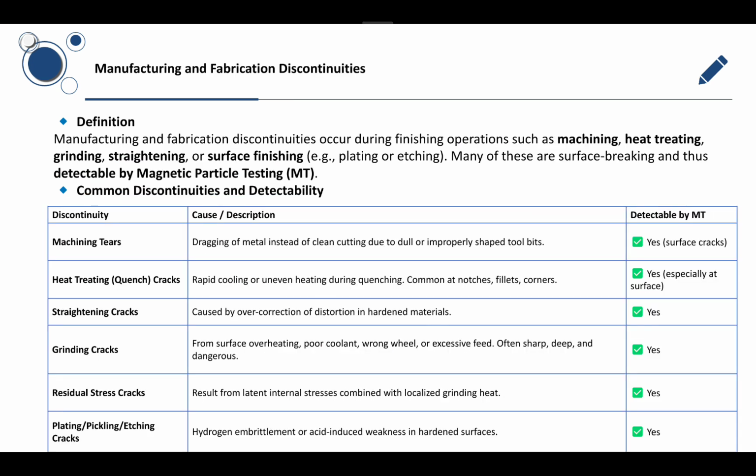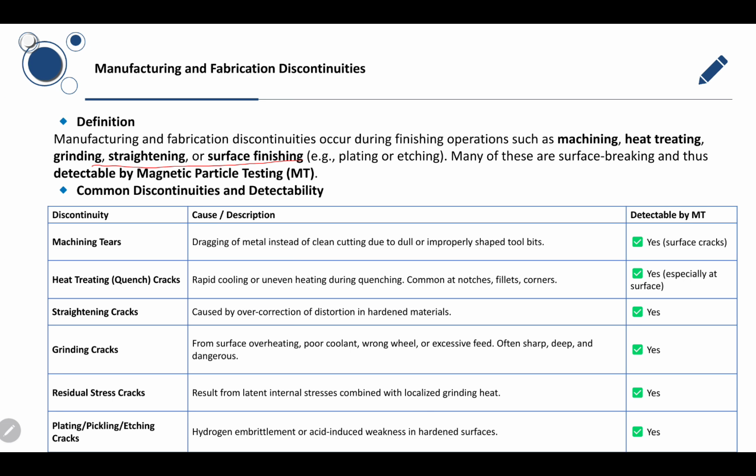The next slide is manufacturing and fabrication discontinuities. These discontinuities occur during finishing operations such as machining, heat treating, grinding, straightening or surface finishing.